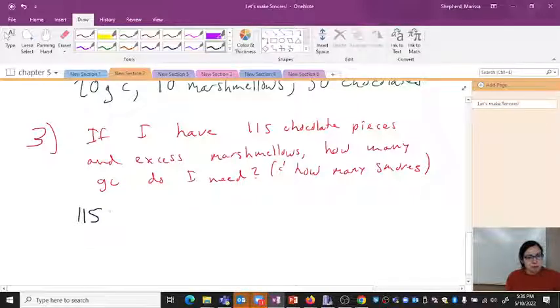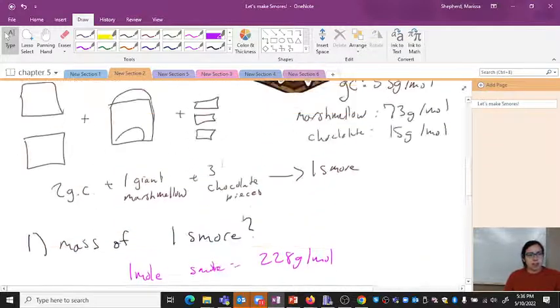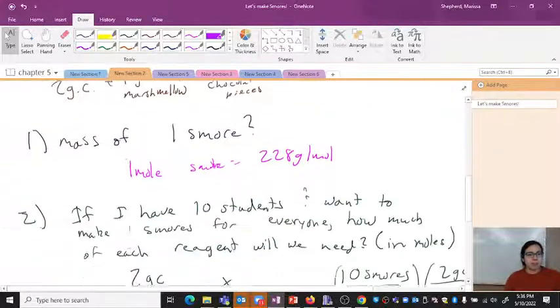So we could set up our proportion, right? So we have 115 moles of chocolate. I want to convert to graham crackers. And so we can go back to our balanced equation. So we have a 3-to-2 ratio of chocolate to graham crackers.